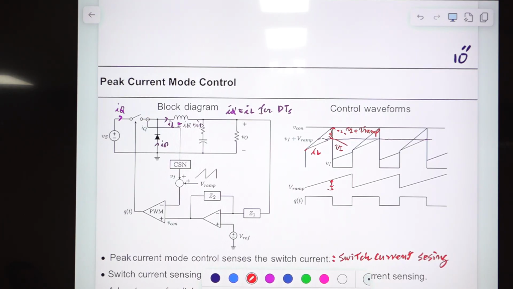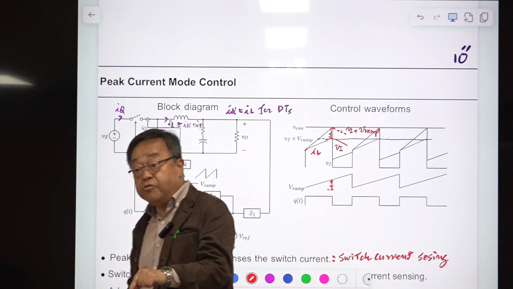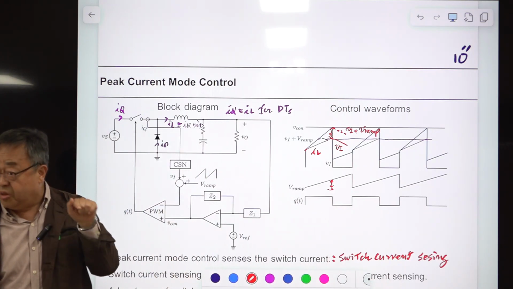About the term peak current mode control: the peak value of the inductor current is determined by this control scheme. The inductor current is not determining the maximum value; the control scheme determines the peak value.